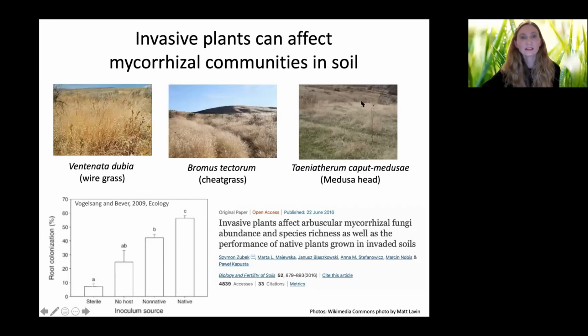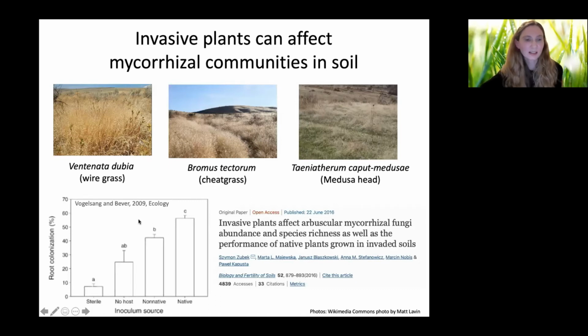There's also evidence that invasive plants can affect mycorrhizal communities in soil. And so here are some of the main invasive plants in the area, Bromus tectorum, cheatgrass, and medusahead. Several studies have looked at the impacts of invasive species on mycorrhizal communities.